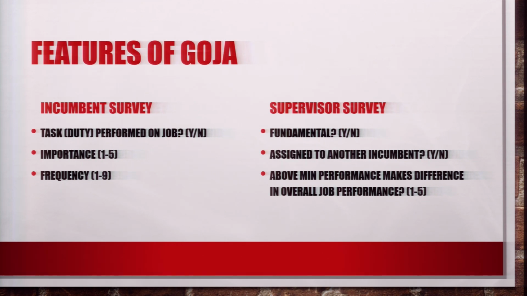Can this job duty be readily assigned to another incumbent without changing the fundamental nature of the position? Yes or no? And then finally, above minimum performance of this duty makes the following difference in overall performance on the job. And they rate that on a 1 to 5 scale. So you get a slightly different look from a supervisor than you do from an incumbent, and it's good data all around.